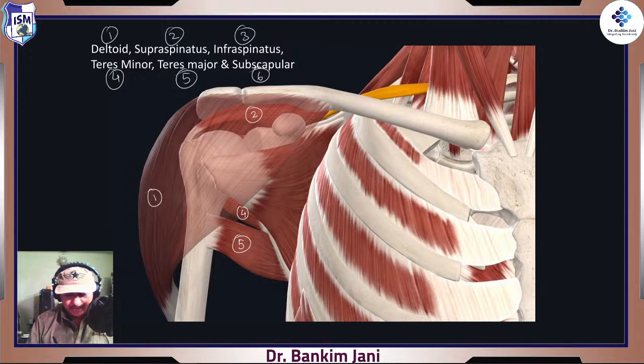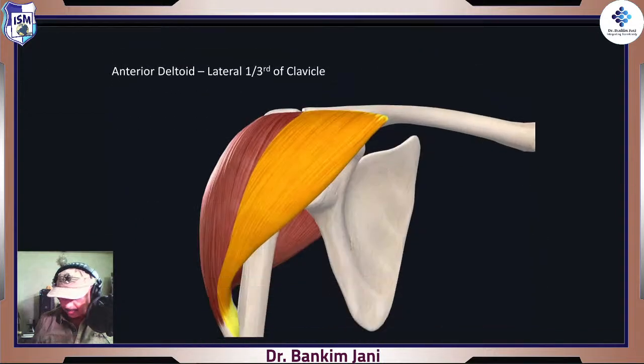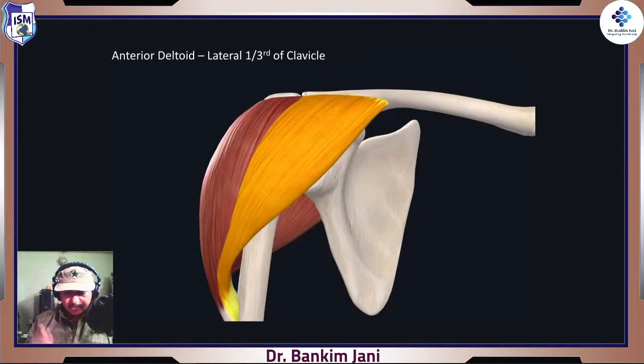Good. And finally the subscapularis, no doubt about it. So thus you know the muscles which are over here. No problem. Okay. So here is our deltoid, and we are dealing with the anterior deltoid.